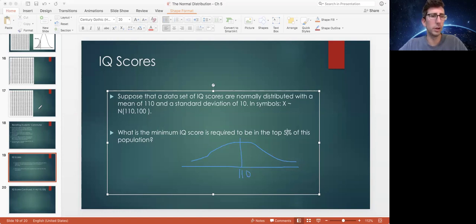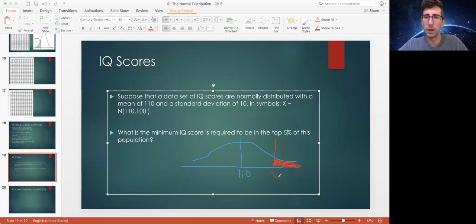what we're asking is what score down here, from 110 through 120, 130, 140, and so on, do I need so that at this cutoff right here I am in the top 5% of scores.